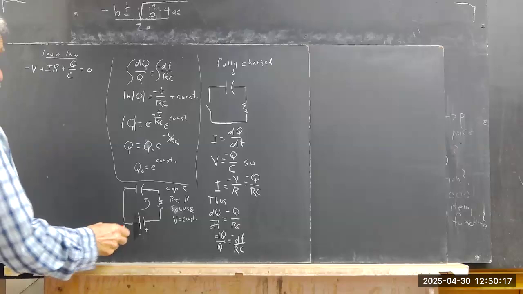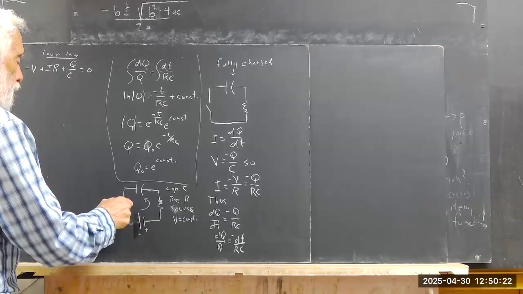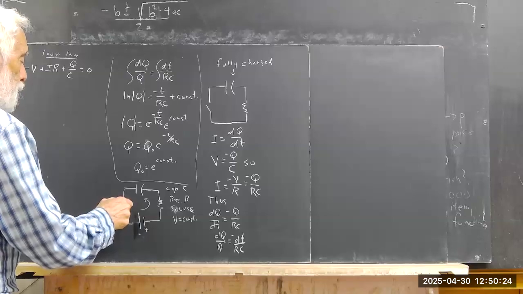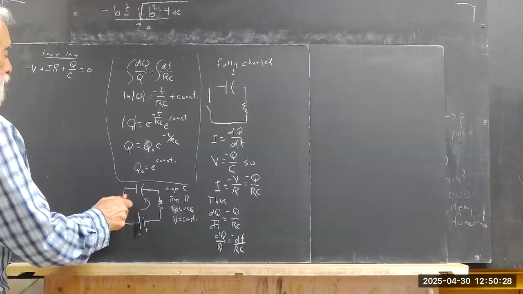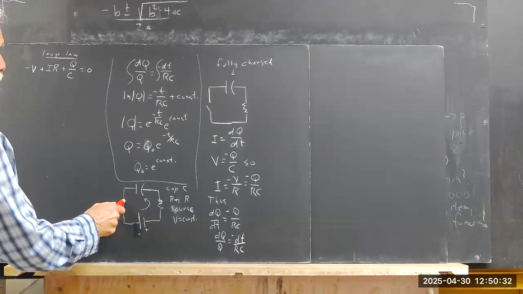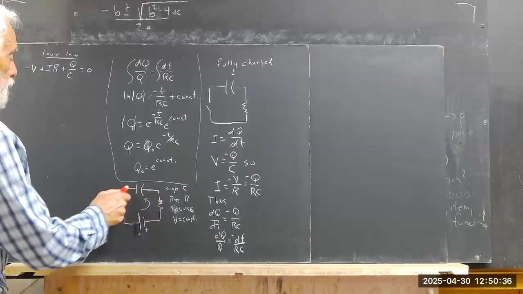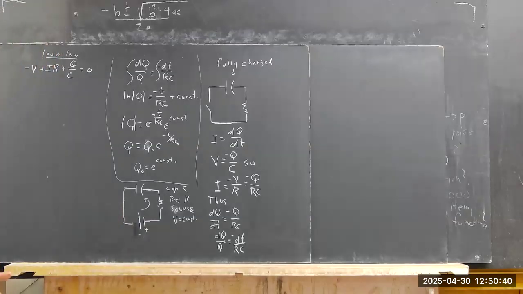Again, I repeat every time, this just says that the potential is the same at this point as it is at this point, which means if you go from this point around the circuit and back to this point, you have 0 change in potential.